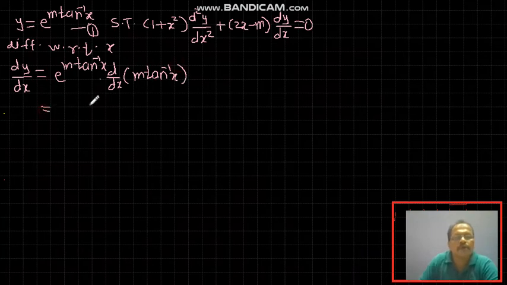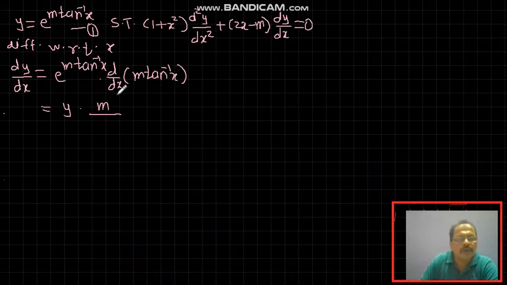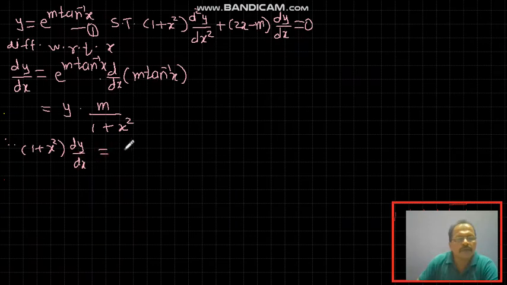This is equal to, now e raised to m tan inverse x using 1 is y into m upon, now m tan inverse x, its derivative m constant outside, tan inverse x derivative is 1 upon 1 plus x square, and therefore 1 plus x square into dy by dx is equal to m times y.